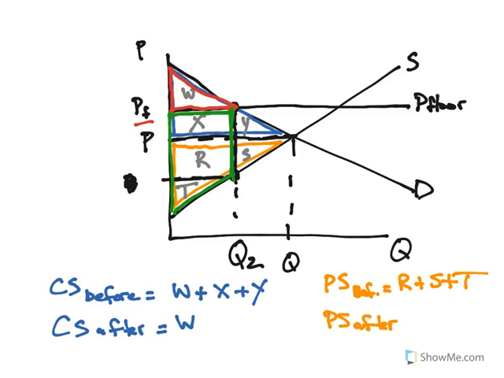So after, our producer surplus is X, R, and T. So let's look at what changed.